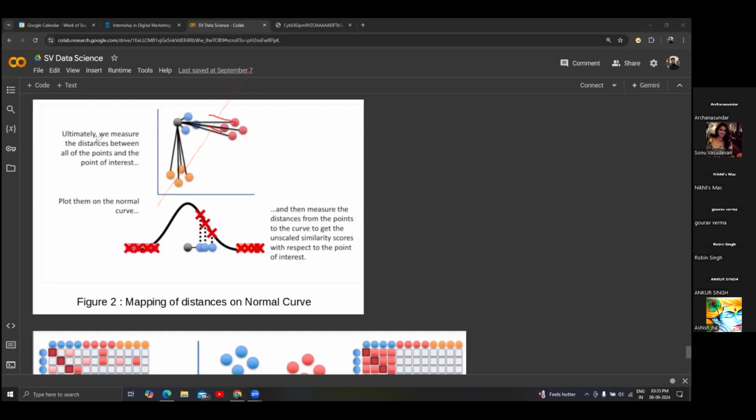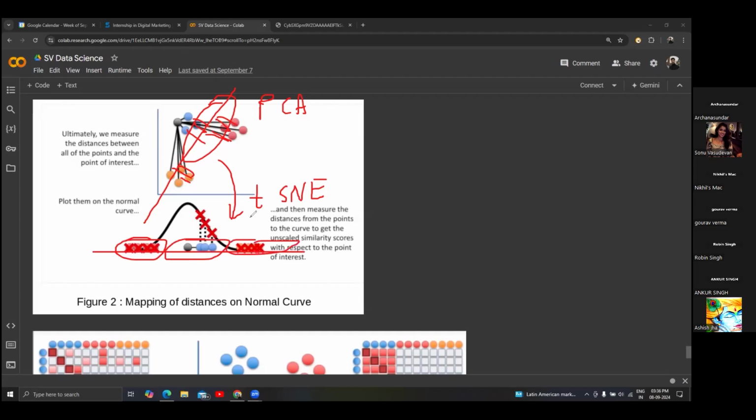If you project these points onto that particular line, you will find that the blue and red are causing confusion in PCA, but it will not be the case in t-SNE. t-SNE is also projecting them onto a single line, but it is easily classified because it works according to the distance.